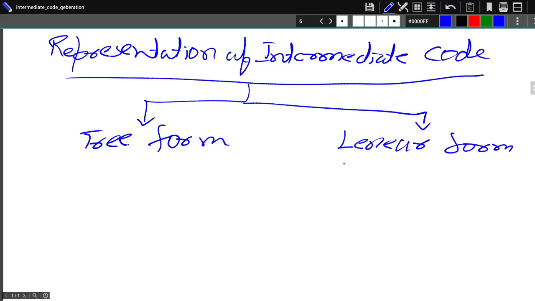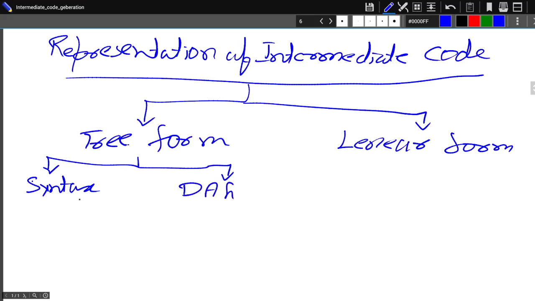In tree form you can have a syntax tree, or you can have a directed acyclic graph of this syntax tree, a variant of the tree only. Linear form can be postfix notation, or it can be three address code.